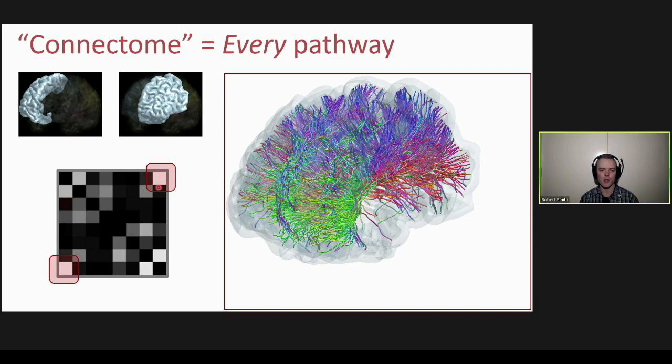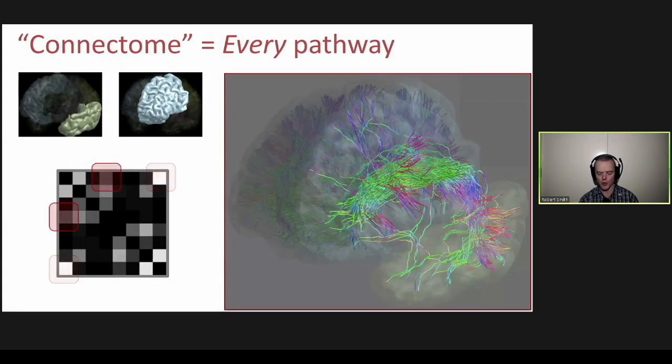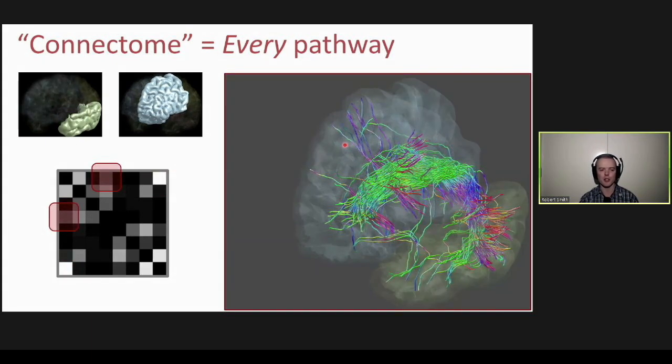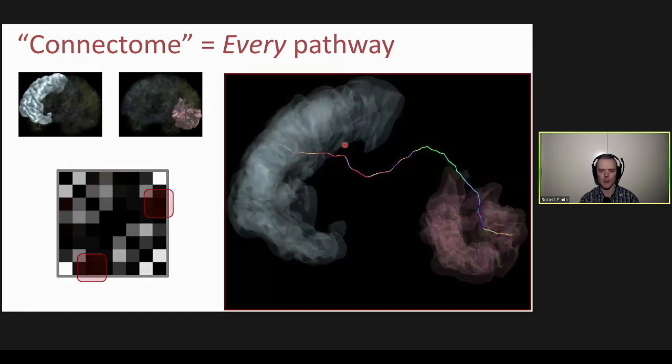So this entry here corresponds to the connections between the left and right frontal lobes. Here are the resulting streamlines. And we can do the same kind of visualization for every entry in this 8x8 matrix. But the point is that the actual process of identifying and quantifying each of these pathways is the same thing, just repeated over and over.